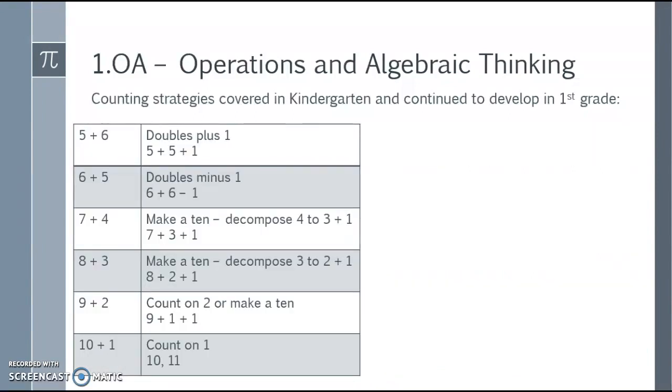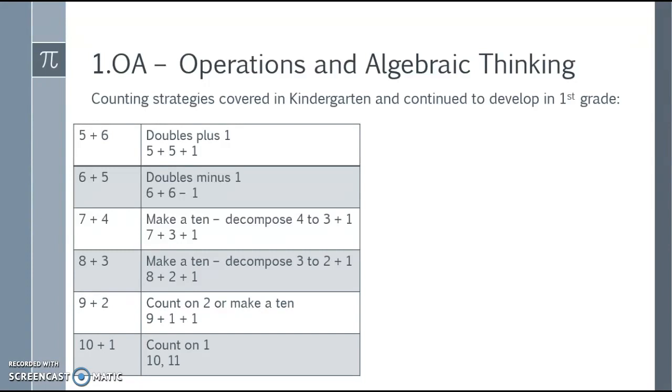So some counting strategies that we learned in kindergarten, we are going to move them more sophisticated in the first grade. So if I looked at 5 plus 6, this could be considered as doubles plus 1. So we're decomposing the number 6 into 5 plus 1. So then 5 plus 5 we know is 10, plus 1 more is 11.